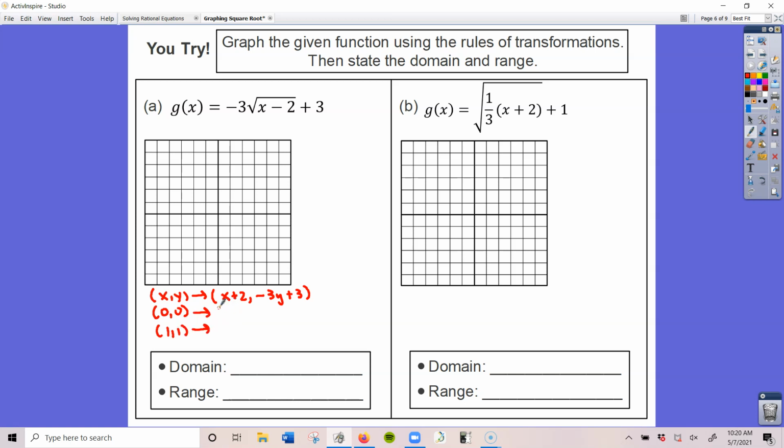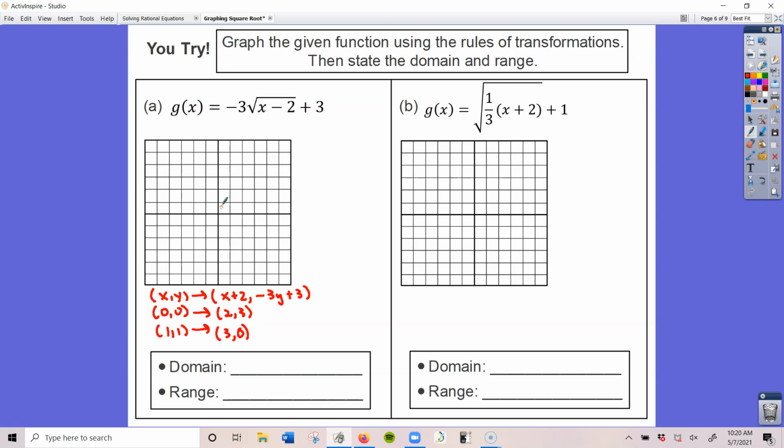When I plug in the 0, 0, 0 plus 2 is 2. Then -3 times 0 is 0, plus 3 is 3. Finally, when I plug in the 1, 1, 1 plus 2 is 3. And -3 times 1 is -3, plus 3 is 0.